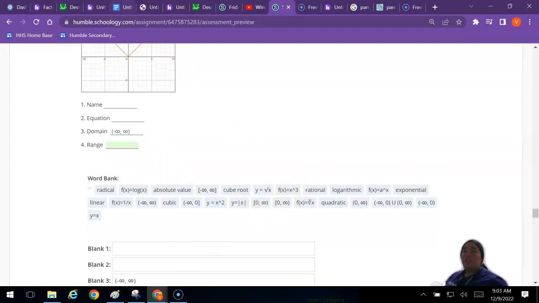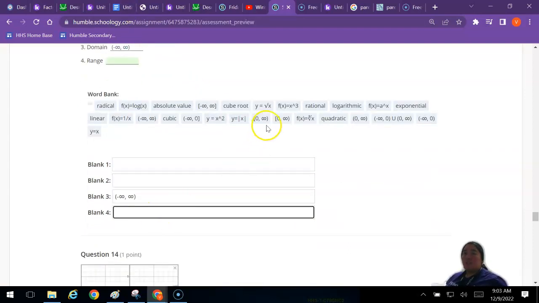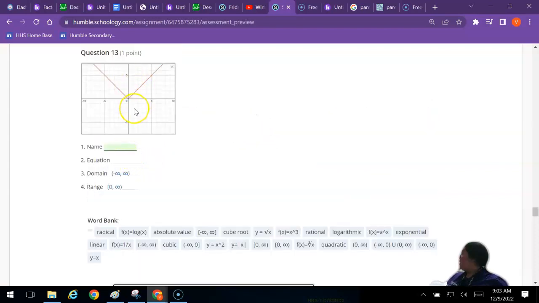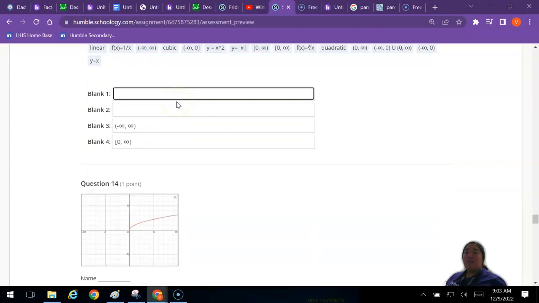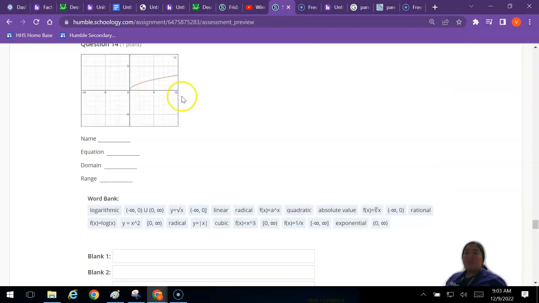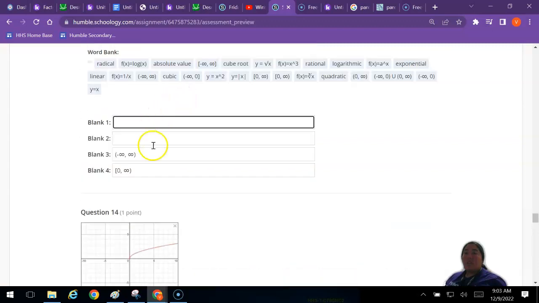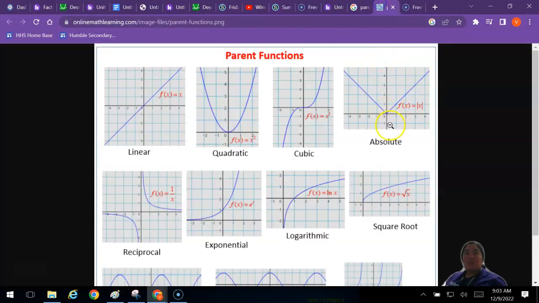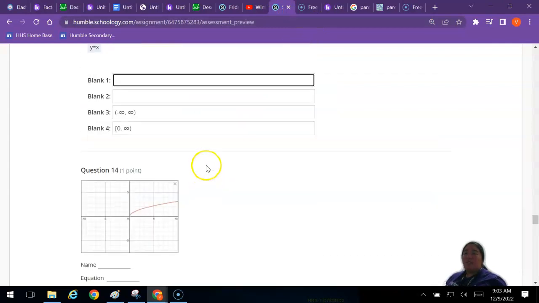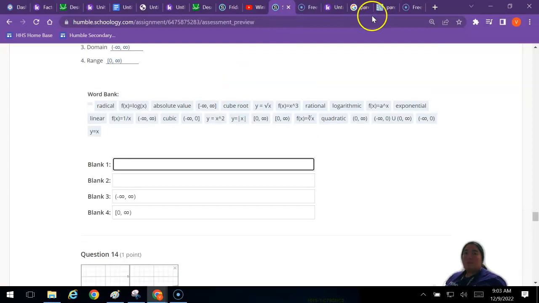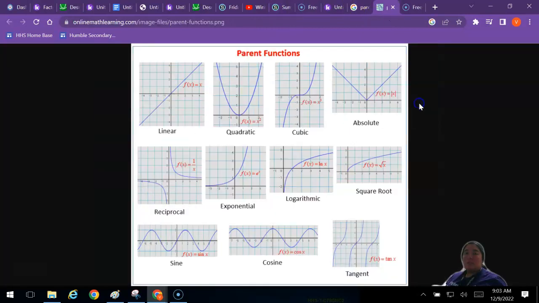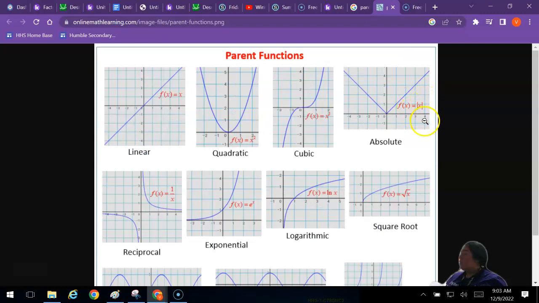And it keeps going, 0 to positive infinity. It's at the lowest value for y at 0, and it goes up till forever. And the equation, what's the equation for absolute value? F of x equals the little sticks, because that's the absolute value, right? These. Oops. These. Right?